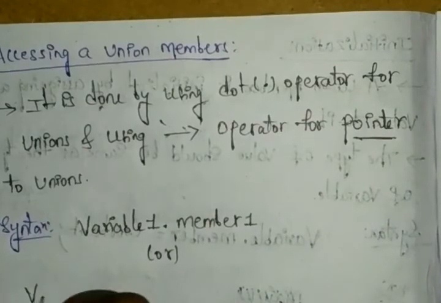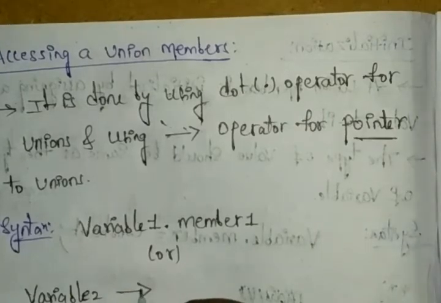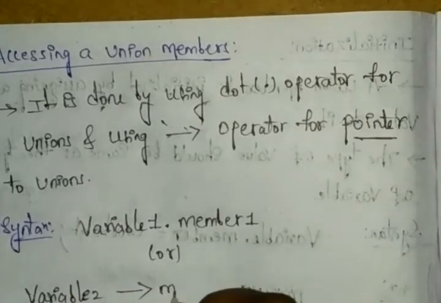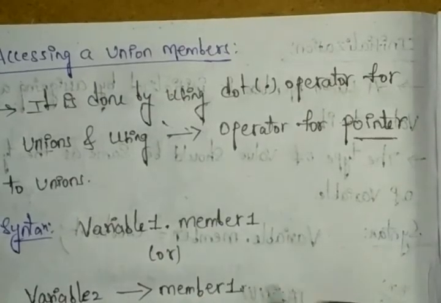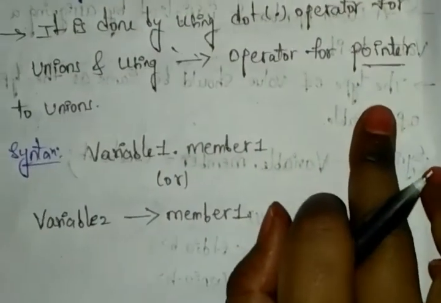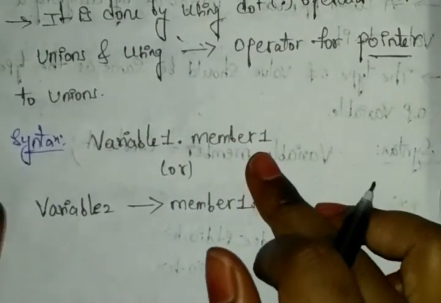If you need to perform with a pointer, you can use this operator: variable arrow member, with the pointer operator. If you are using pointers to unions, you can use this one. Otherwise you can directly use variable dot member. That is possible.